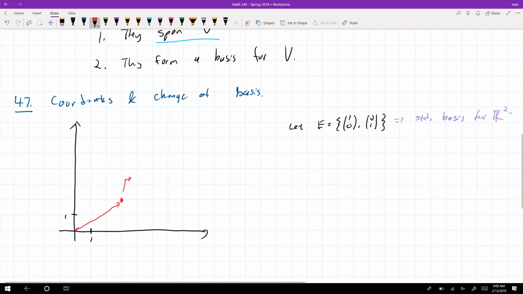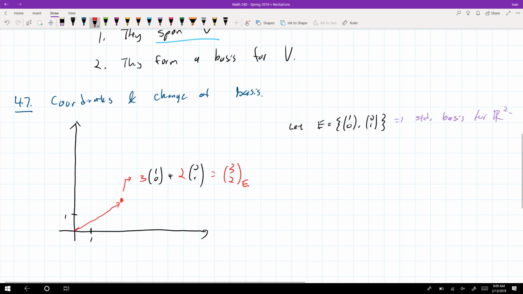This point can be represented as 3 times (1, 0) plus 2 times (0, 1). Pretty obvious. And therefore, we give this vector a coordinate, and we say it's (3, 2) with respect to our standard basis E.